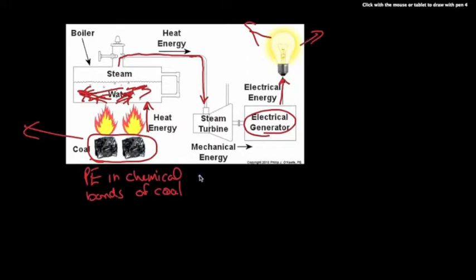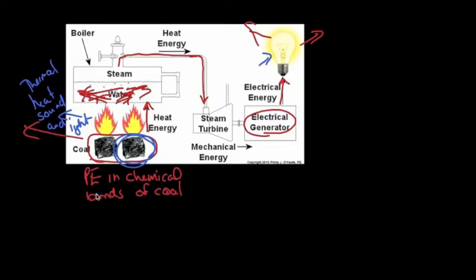A very important concept here is to realize that all of the potential energy contained in the chemical bonds of this coal does not disappear. It may not all get to that light bulb, but it is all converted into different forms. We said in the form of heat, sound, and light.